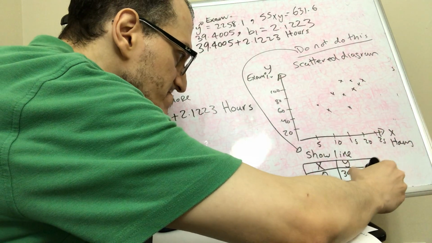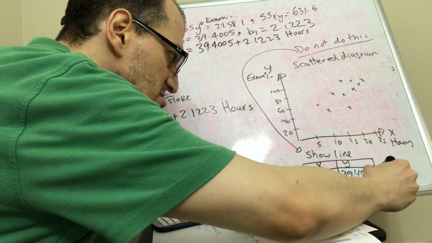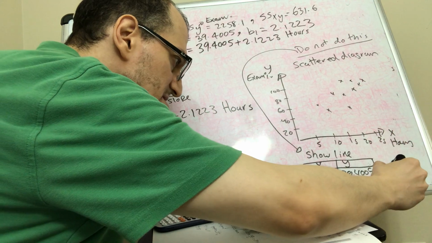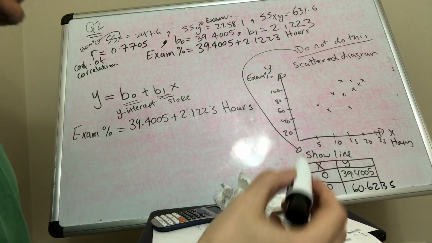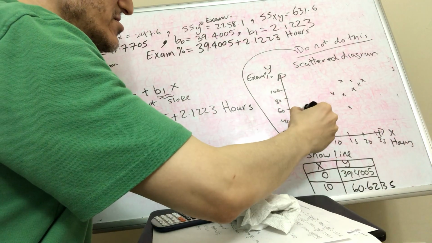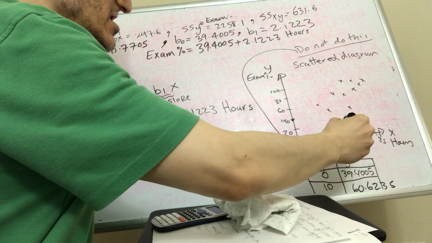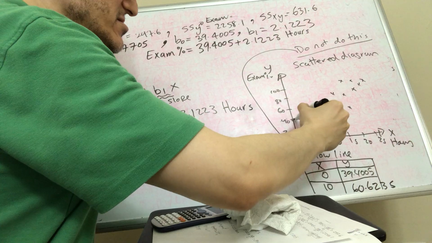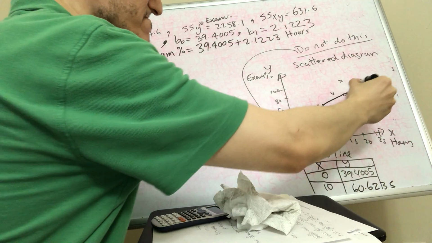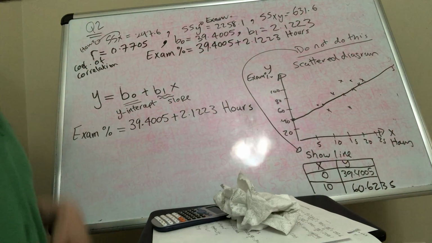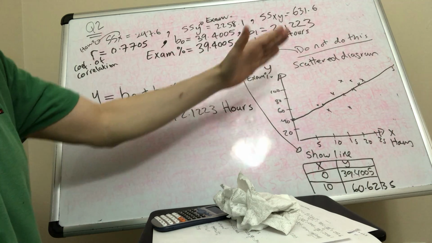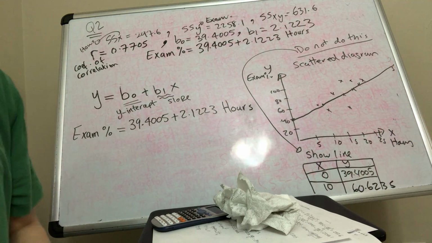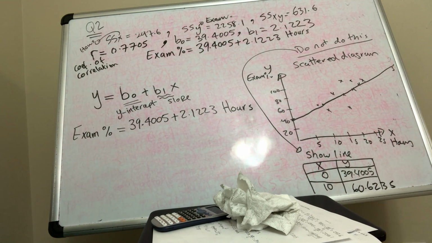This gives me 60.6235. At 0, you're 39. At 10, you're 60 something. You connect. You extend. This is the straight line that's closest to all points. So we're able to do this.